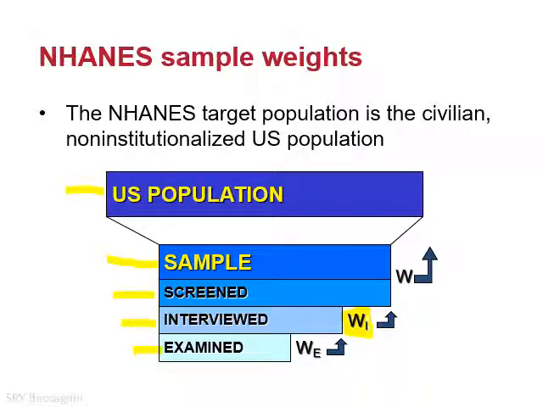If we collect variables that include examination variables, for example, if we measure height and weight during the examination, then we do need to use the examination weights. So if we use variables collected during both the interview and the exam, then we will use examination weights. So the only time we would use interview weights is if we are only using variables collected during the interview. For the most part, you will end up using examination weights.